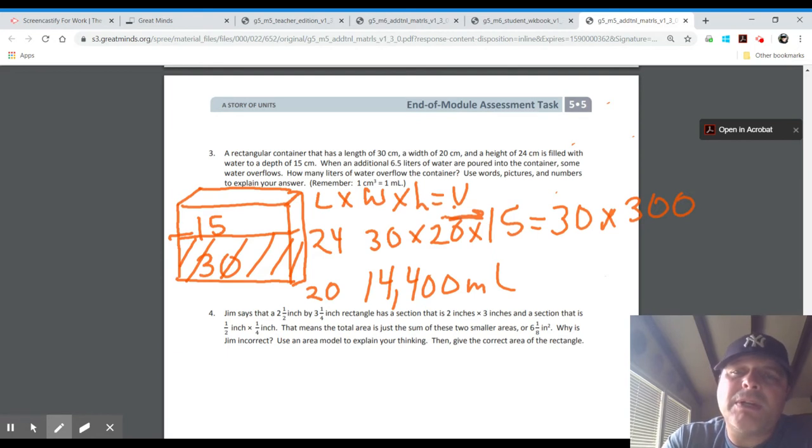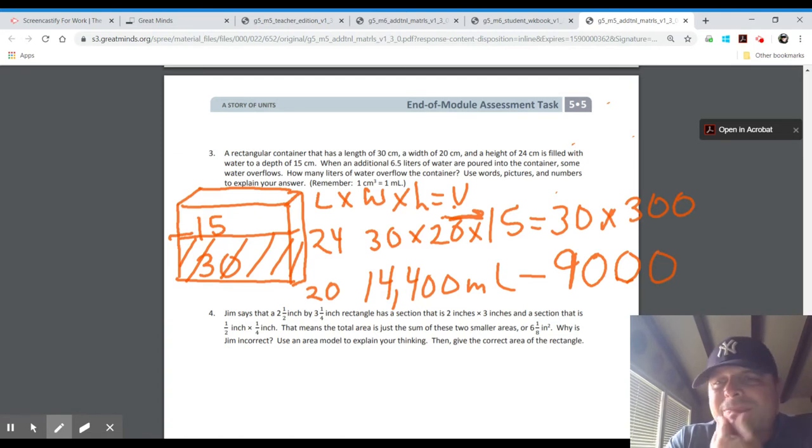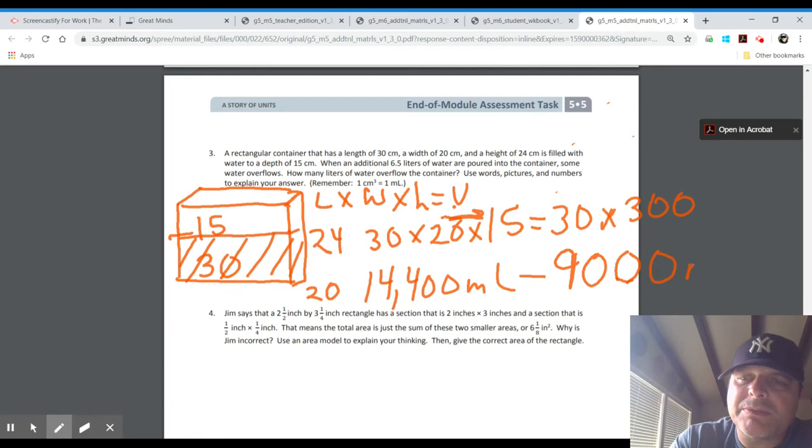So now I'm going to multiply 30 times 300, and that's 3 times 3 is 9, plus 3 zeros. So that's how much water I'm about to add, and I'm going to subtract it from the total amount. The reason I'm doing this is I'm subtracting the amount of water I'm adding so I know how much room I have left in the rectangular container.